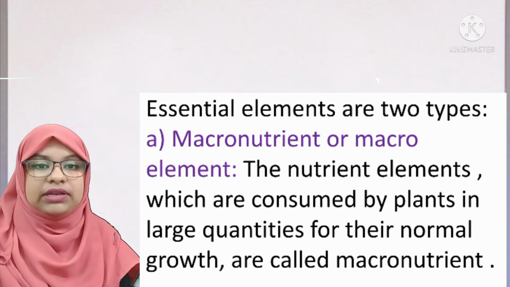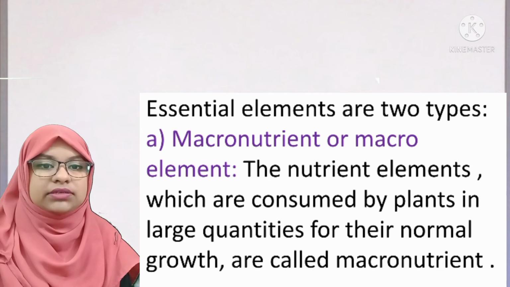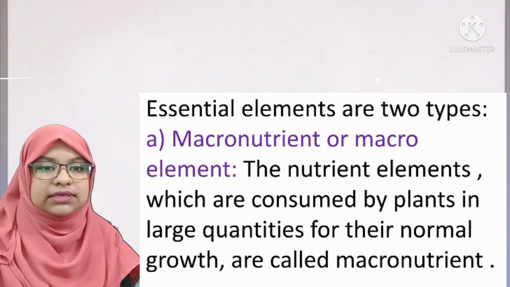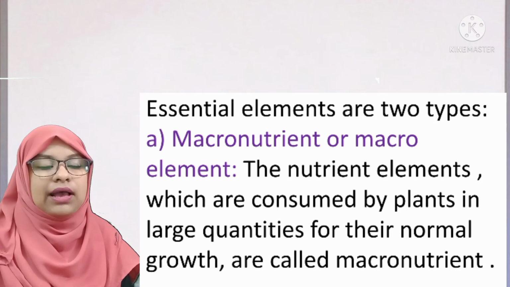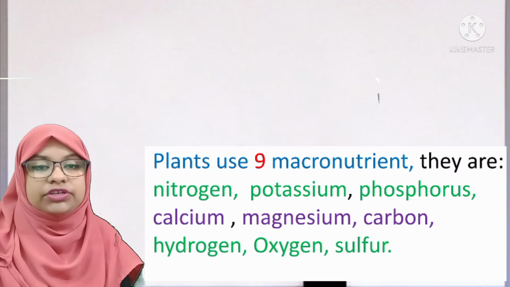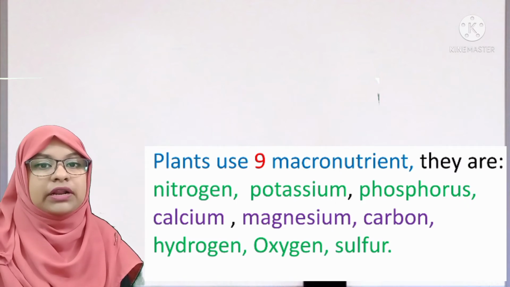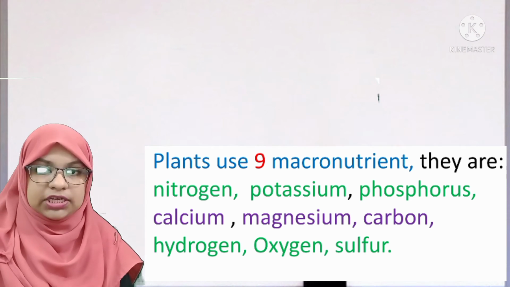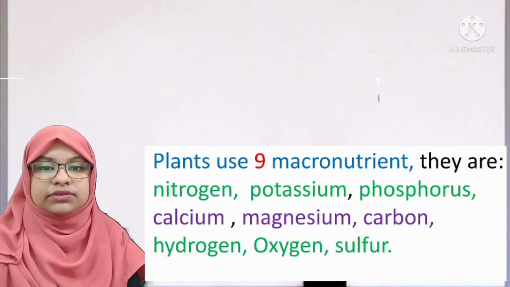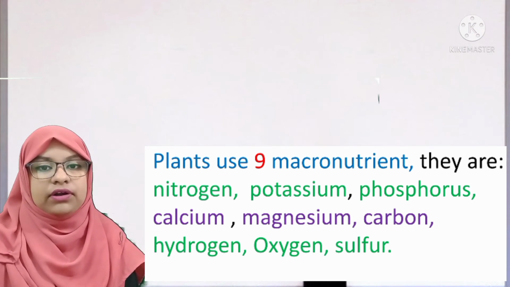Macronutrient or macro element: the nutrient elements which are consumed by plants in large quantities for their normal growth are called macronutrients. Examples of macronutrients are nitrogen, potassium, phosphorus, calcium, magnesium, carbon, hydrogen, oxygen, sulfur.